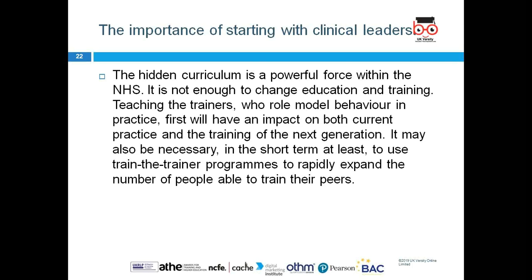So if they've been trained with the newer processes, then they can actually pass it on. So they're the best people to train first, hence train the trainer programs. Once they've been trained to do these systems, then they've passed it on. They've got a bigger audience, so they have a lot more people that they will actually impact.